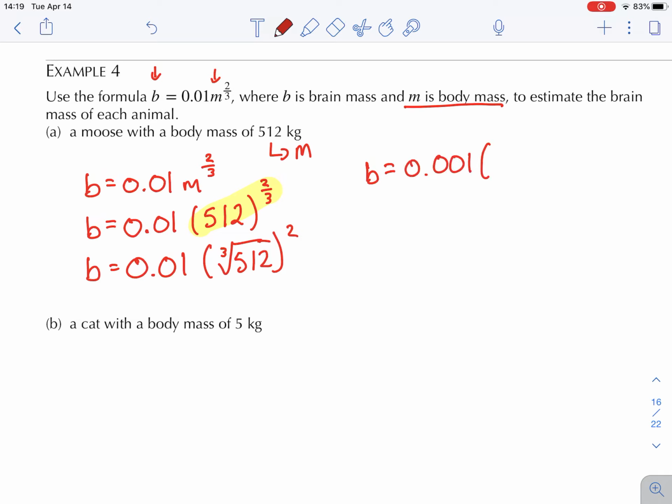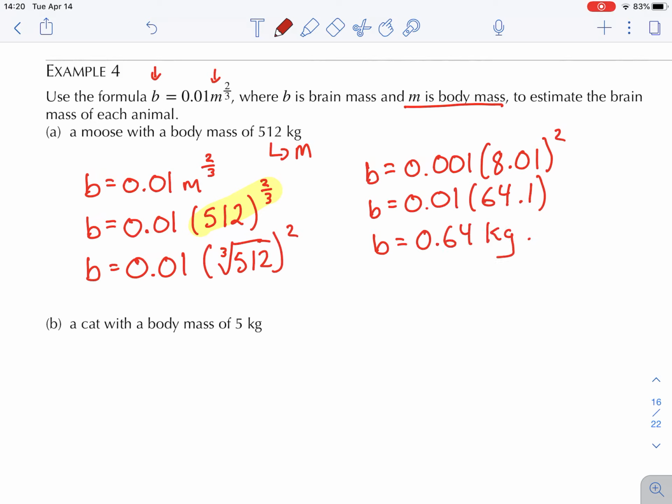Now, the cube root of 512 is equal to 8.00001 times 8.01 squared. Now, I just kept the more precise decimal approximation in my calculator. I square it, and b is equal to 0.01 times 64.1, and b is equal to 0.64 kilograms.